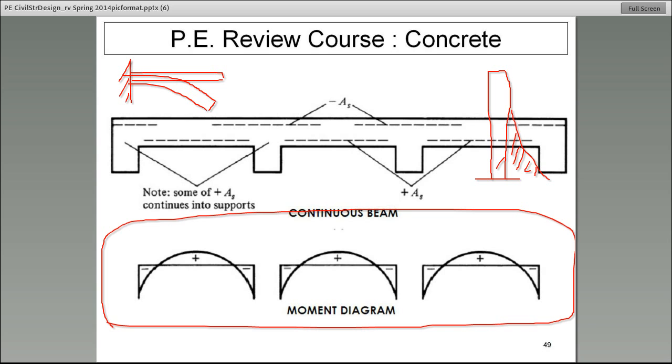They show you the steel on the left side or the right side. And then they ask you which one is correct. Guys, problems like that, okay, this is a vertical cantilever, all right? So every time you see this, take a look at it, and you need to identify.